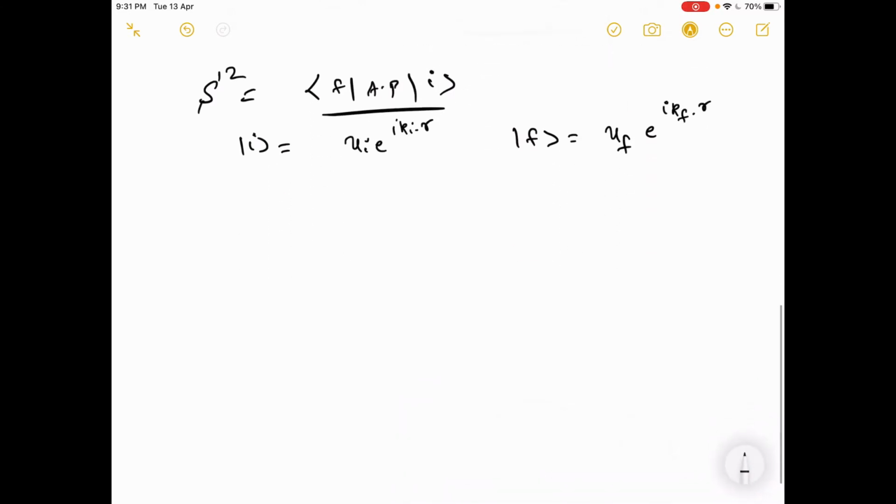Given these two, let's substitute into this S square. Mod S square is basically uf star e power minus i kf dot r.